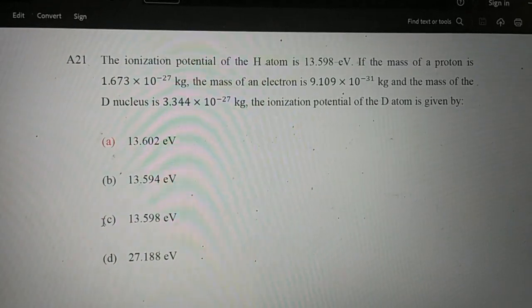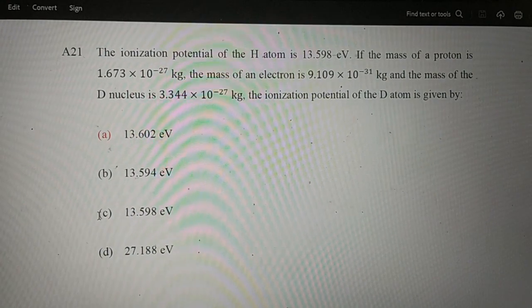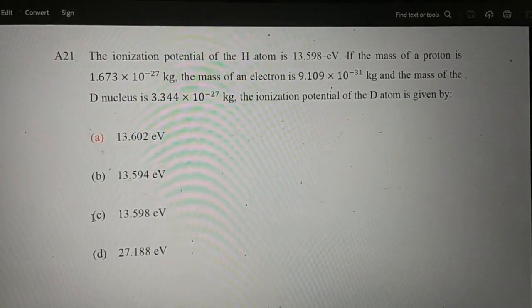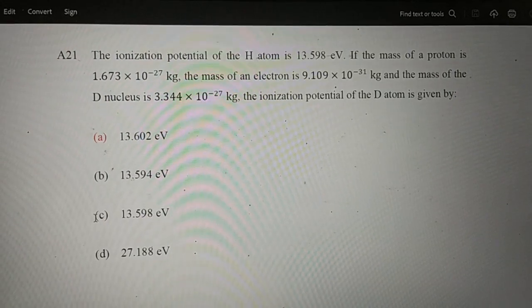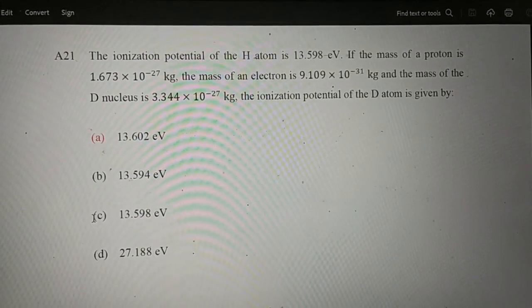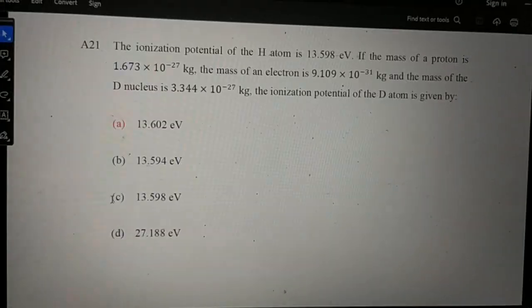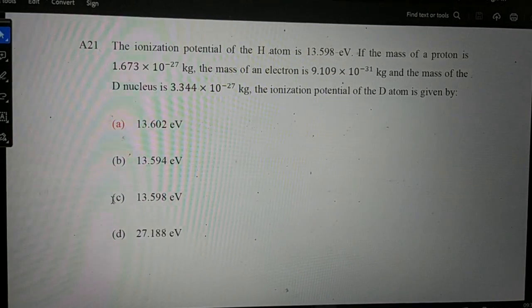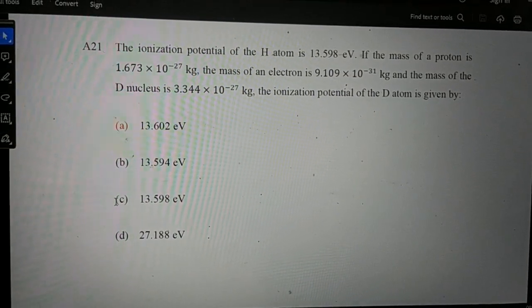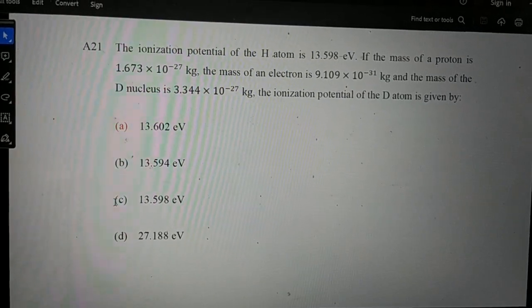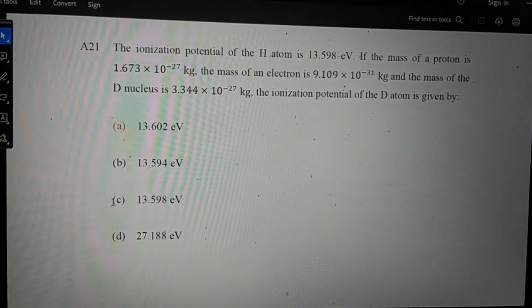The ionization potential of the hydrogen atom is given by this. If the mass of the proton and the mass of the electron are that, and the mass of the deuterium nucleus is that, what is the ionization potential for the deuterium atom? This is the question. You can see the options here, which is very tricky. Actually, it requires you to calculate the Rydberg constant very carefully, and consider the mass of the atom, which will be the reduced mass.